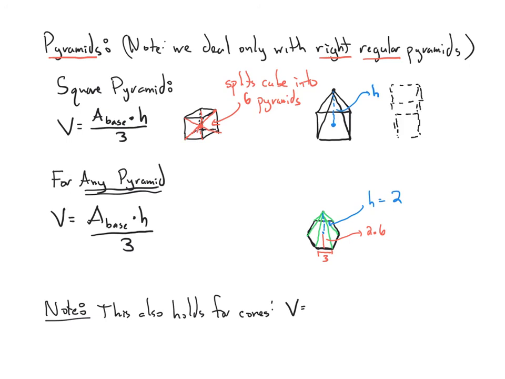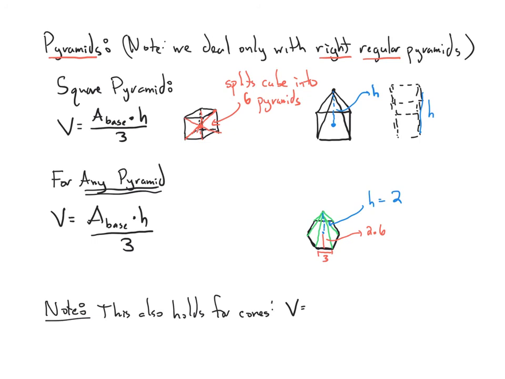So if you join these up to make a prism here, if it has the exact same height, if this is your height, then it's clear that the prism is larger than the pyramid in volume. It has more volume. So just remember that the pyramid volume formula is going to be smaller. And of course, dividing an expression by 3 makes it smaller. So it's like the prism divided by 3.